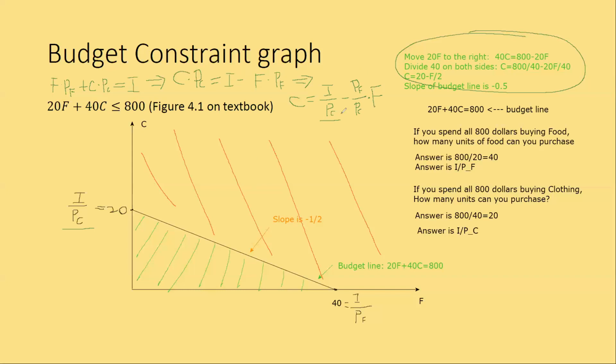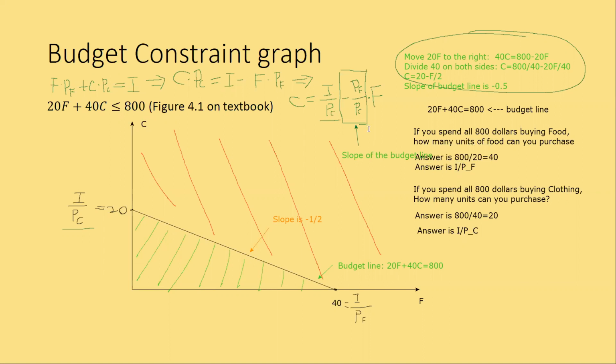And this part, the negative PF divided by PC, is the slope of our budget line. And this is the general form. So if you were given different PC, PF, and I, the slope and the corresponding intercept will follow those formulas.